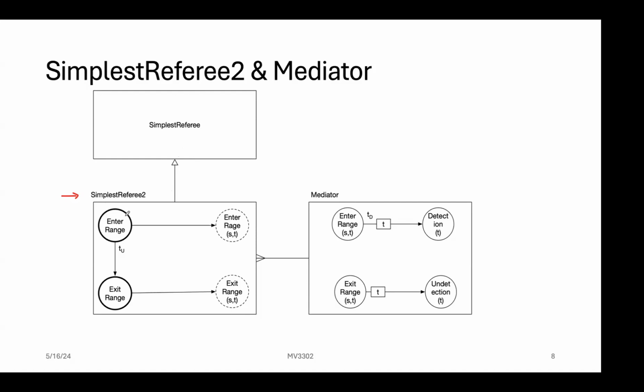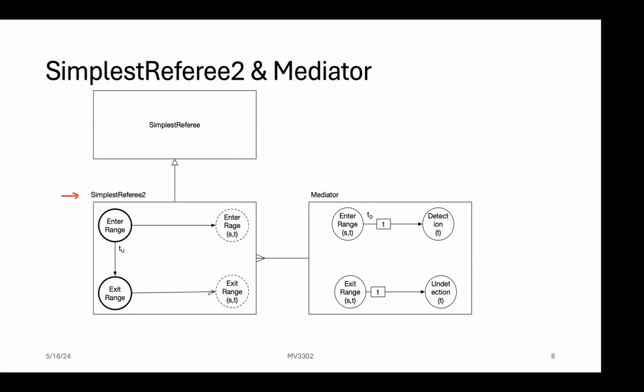Now remember that a bold border on an event means you're completely overriding. So we're completely overriding those scheduling of detections. Instead, what we're doing is scheduling an enter range event with the sensor and the target as its arguments.